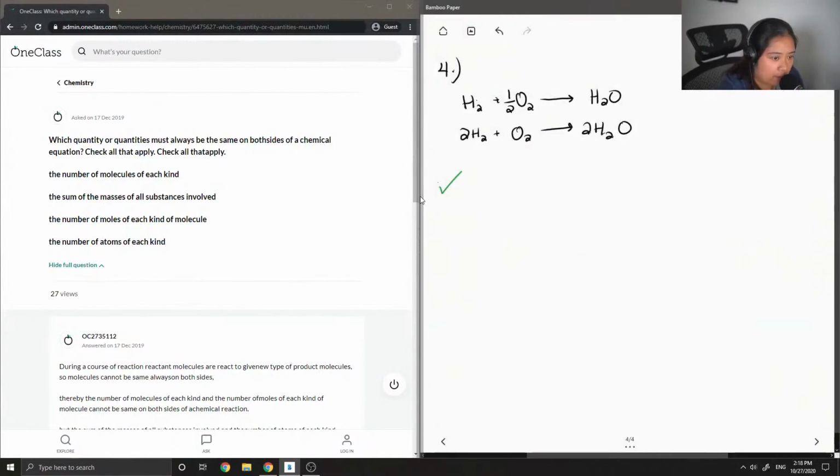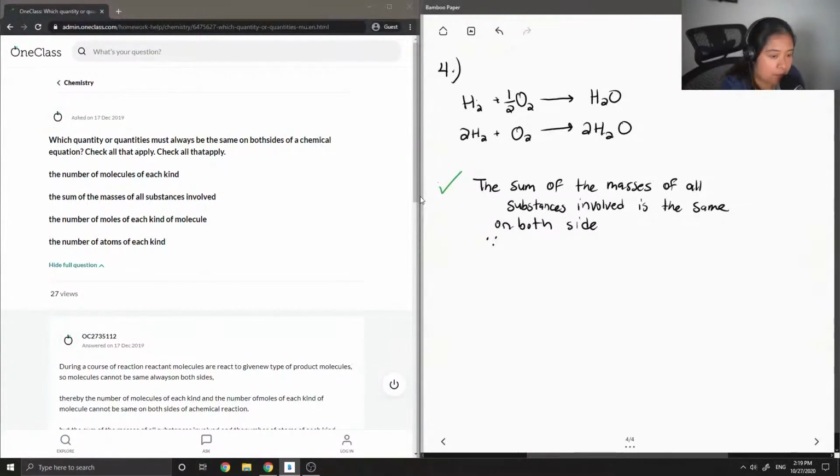So first let me write that the sum of the masses is the same on both sides.